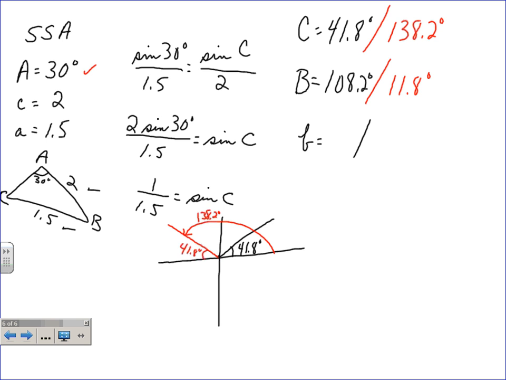For instance, sine of 30 over 1.5 is equal to sine of 108.2 degrees over side B. And we're going to find the side B for the black measurements here, 41 and 108.